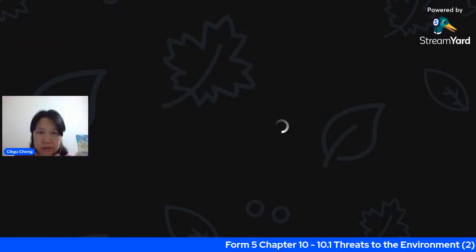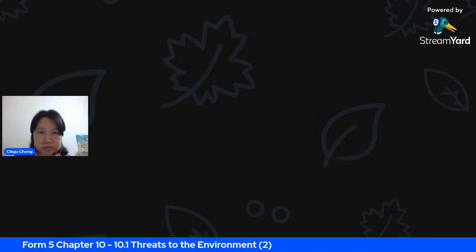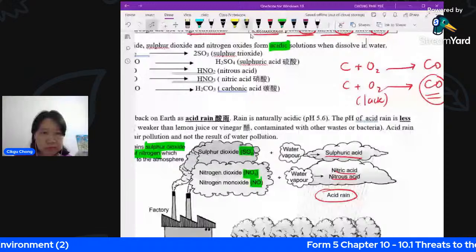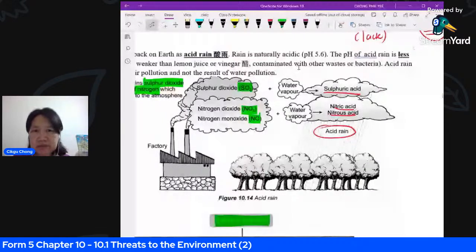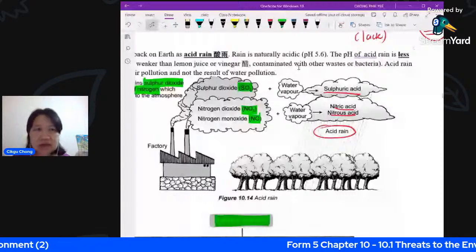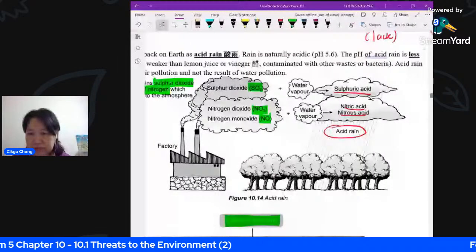Yeah, please do tell me whether there are problems. All right. Do you see this picture of a factory producing smoke and all that? If you can see this, that means you're on the next page already, because the first page was not showing this picture. Okay, is that okay now? A bit lagging, because of lagging. Okay. But are you able to hear me? Can you hear me well enough? Yes, you can hear. All right, you can hear, then it's fine. I think mostly it's more of the audio that's important.